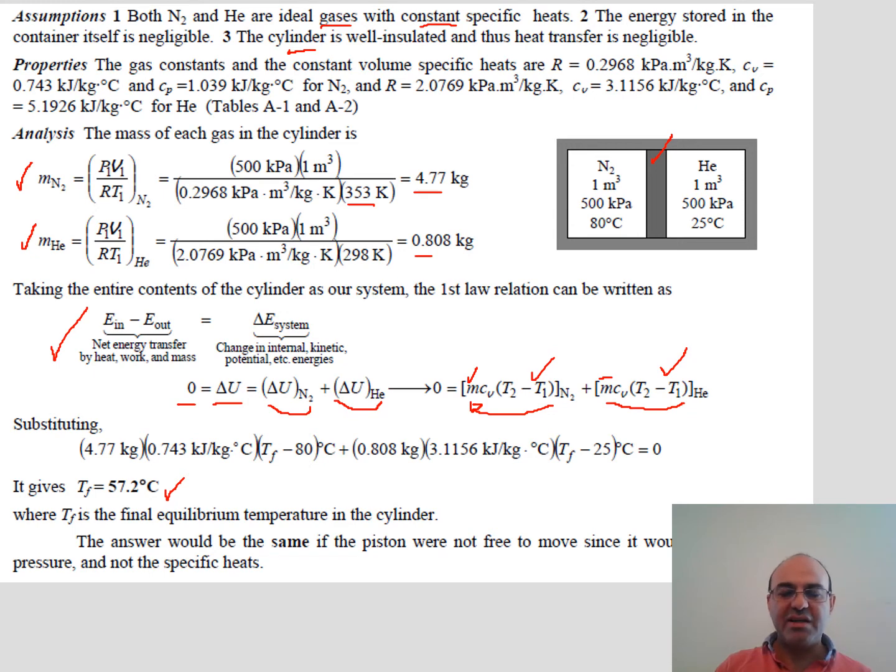Now this was for the case where the pressure remained constant, where the piston freely moved. So the question is, if we wouldn't let the piston freely move, keeping it fixed in place, would the answer change?